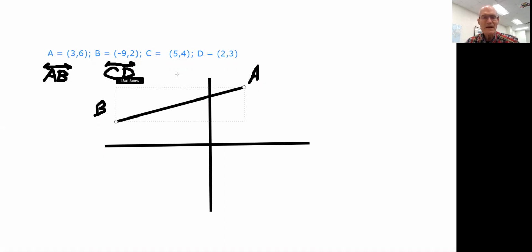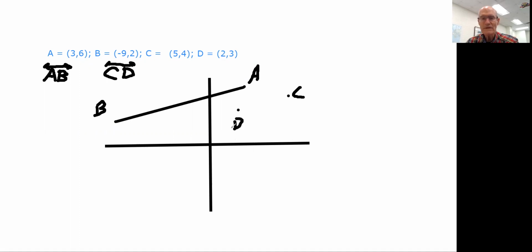And then we do CD, so C is (5, 4), which would be somewhere about right here. There's C. And D would be (2, 3), which would be somewhere about right in here. That would be point D.